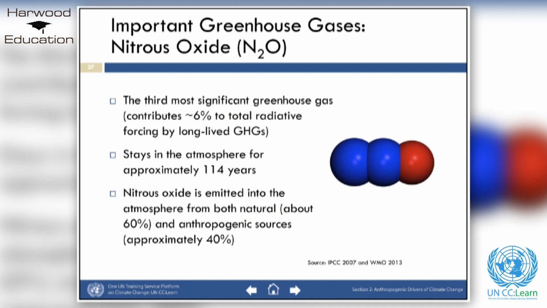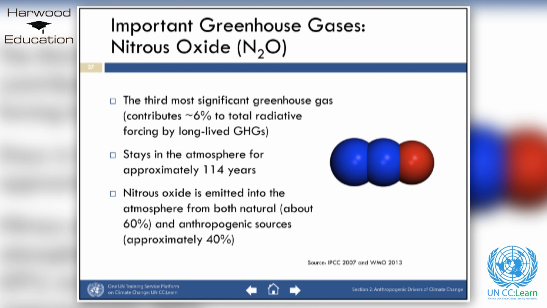Important greenhouse gases. Nitrous oxide. Nitrous oxide is the third most significant GHG, contributing to about 6% of radiative forcing due to LLGHGs. The primary human sources of N2O are fertilizer production and use in agriculture and various industrial processes.